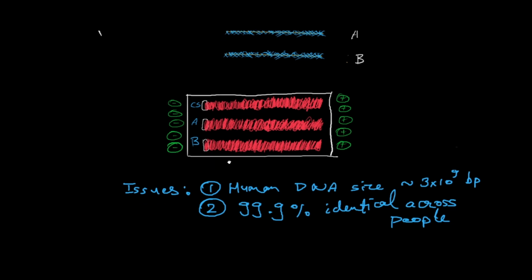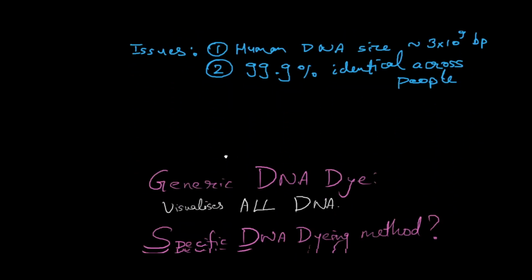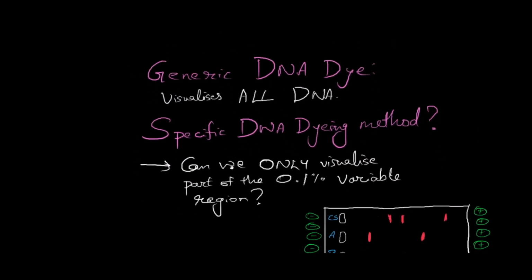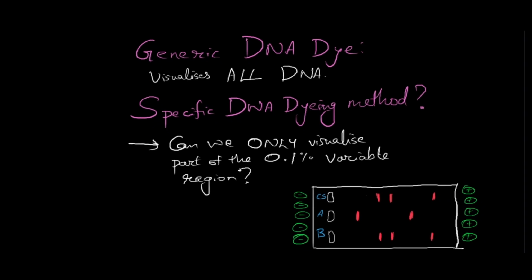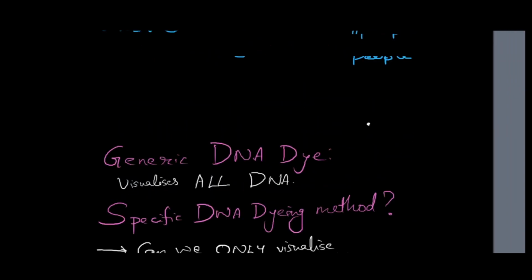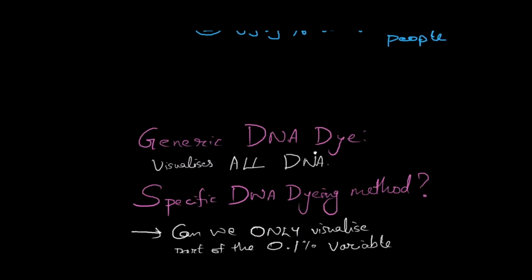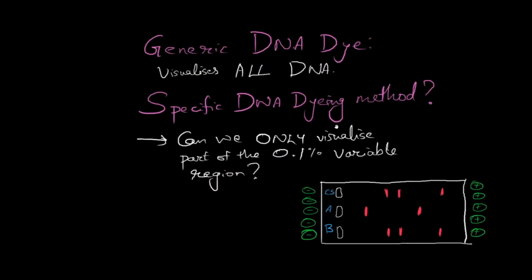So that's a problem, and we ended the video on a note that the source of the problem could possibly be that we're using a generic DNA dye in the scenario described above, which basically just binds to any DNA and gives out fluorescence.